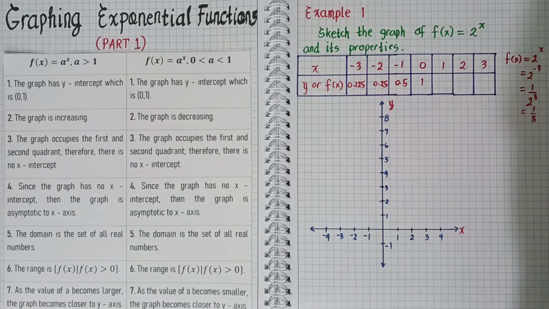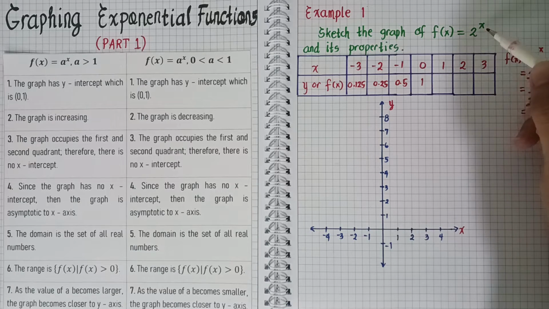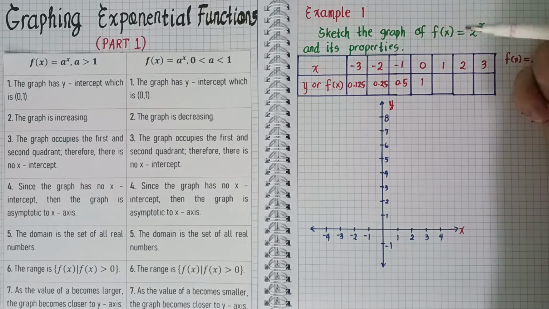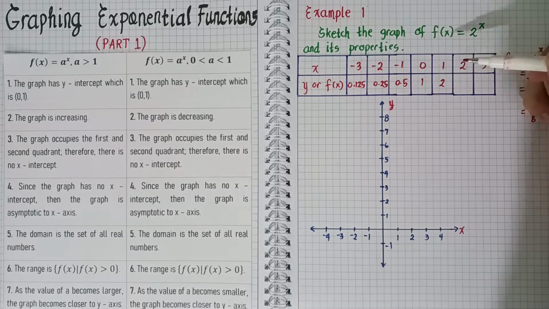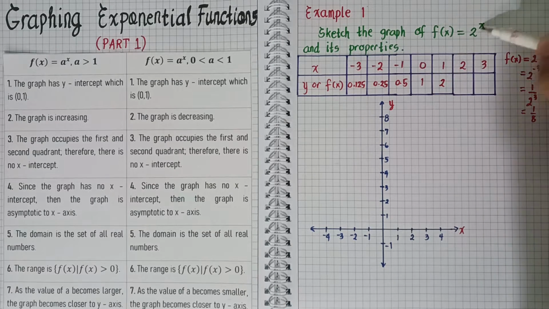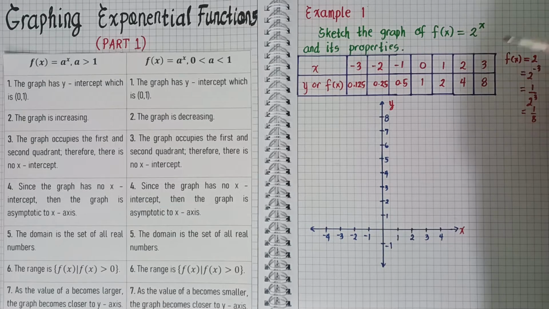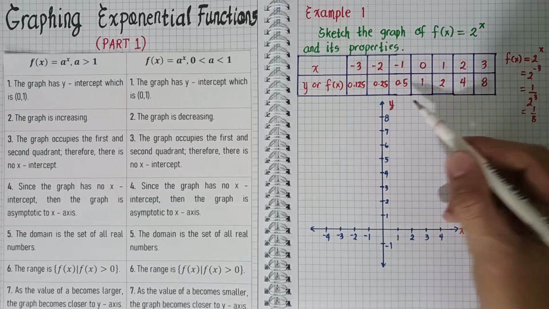Okay. Next, when x equals 1, 2 raised to 1, of course, it will give us 2, right? And then, 2 raised to 2, 4. 2 raised to the third power, or 2 raised to 3, that is equal to 8. Okay, so na-compute natin yung table of values.